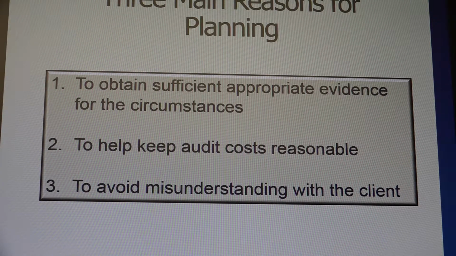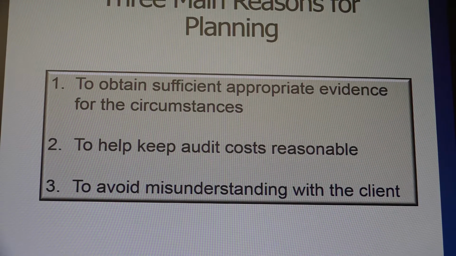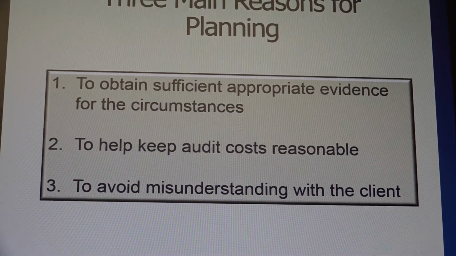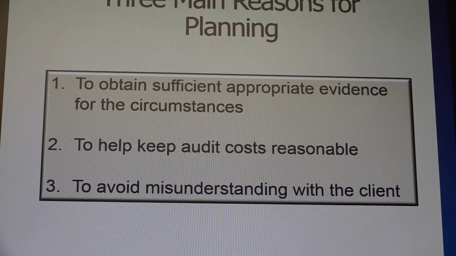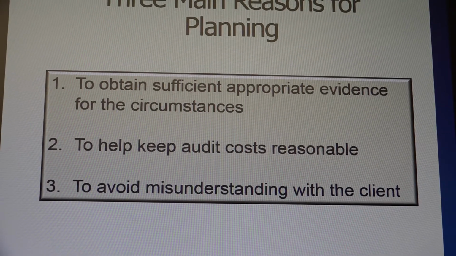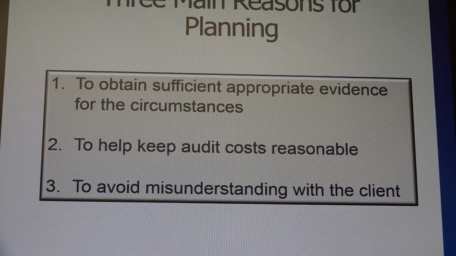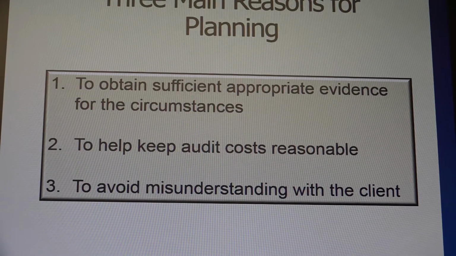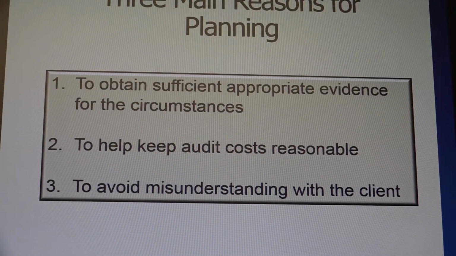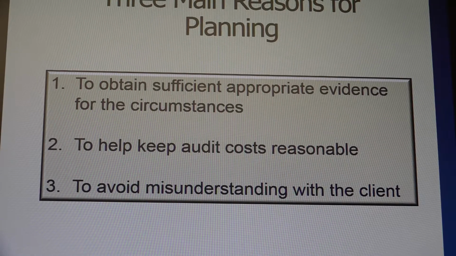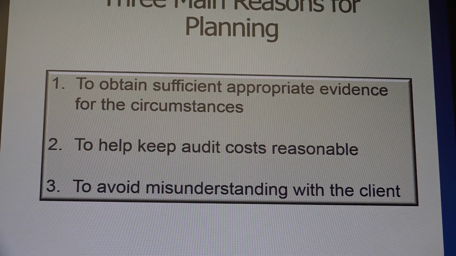Before you start something, it's always good to plan it out. And here, for an auditor, if you don't do good planning, you may end up not getting enough sufficient, appropriate, relevant evidence to audit, which is required.